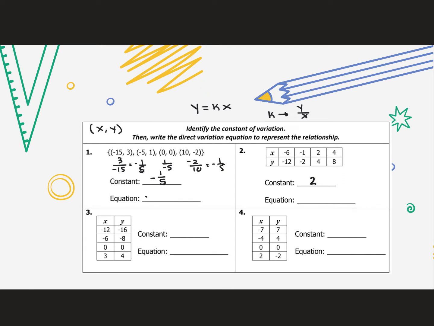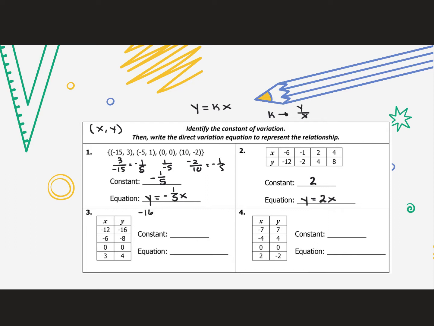And jumping back over here, our equation for number 1 would be y equals negative 1/5 x. And remember, the direct variation always goes through the point 0, 0, because the y-intercept is 0. For number 2, we know our constant k is 2, so we have y equals 2x. We're doing the exact same thing for the table, taking our y value and putting it over our x.